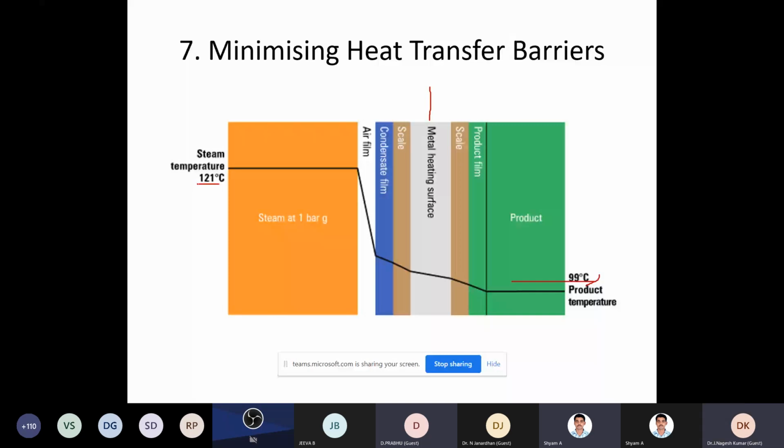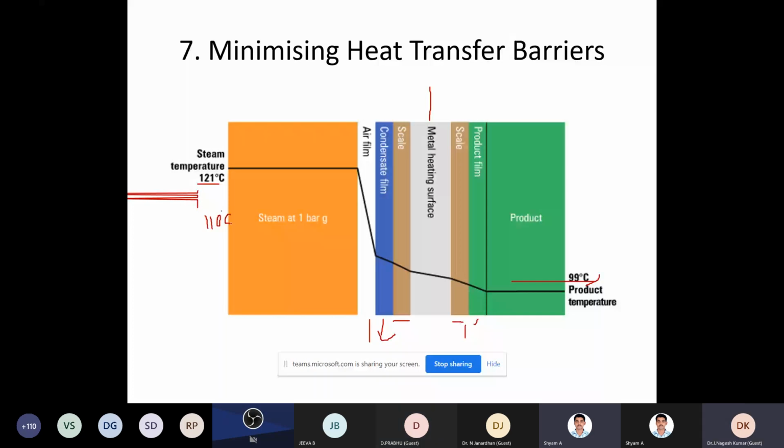But if you clean the heat exchangers, so the scale is not there, and the condensate film is removed by proper removal of condensate, the air film by proper removal of air, and the scale by frequent cleaning, then it is sufficient if you maintain, say, 110 degrees centigrade without all these barriers.